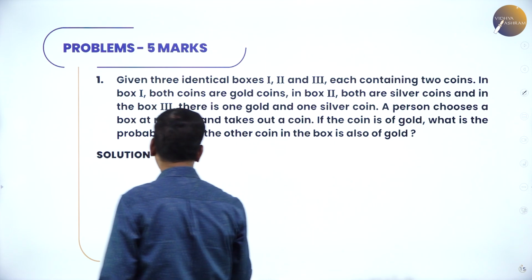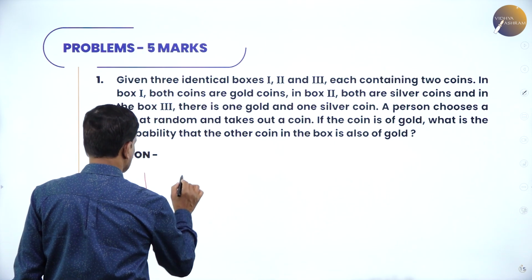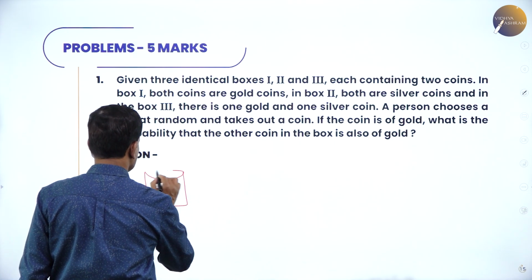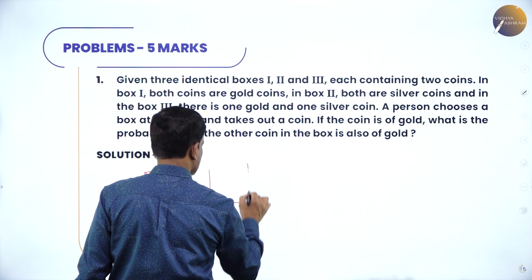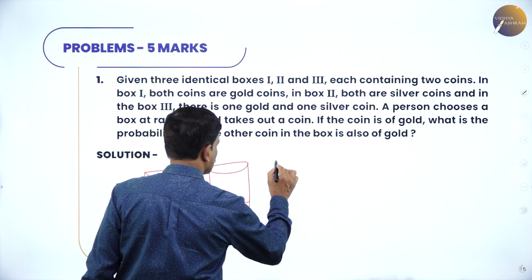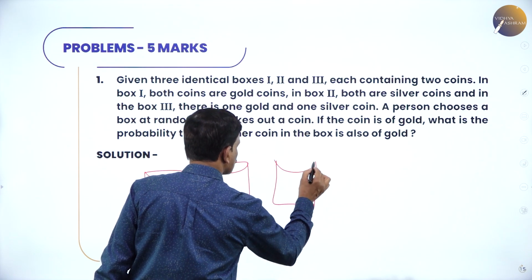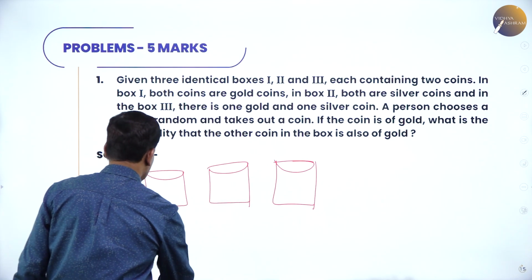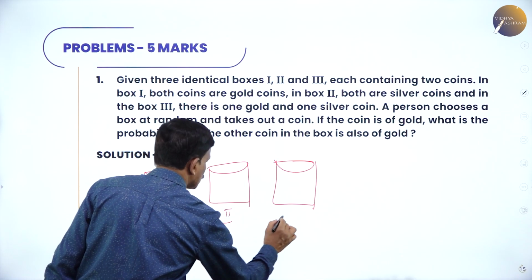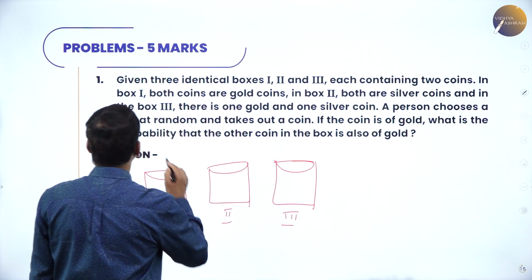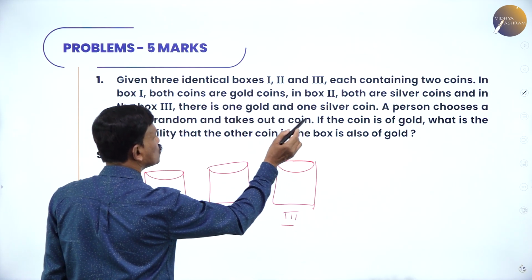Now, there are 3 identical boxes. Let us consider this as one box, this is another box, and this is the third box. So, first, second and third. Each contains 2 coins.